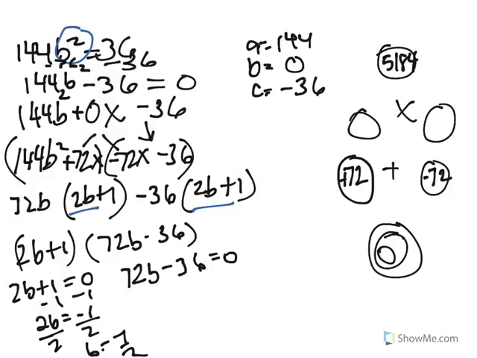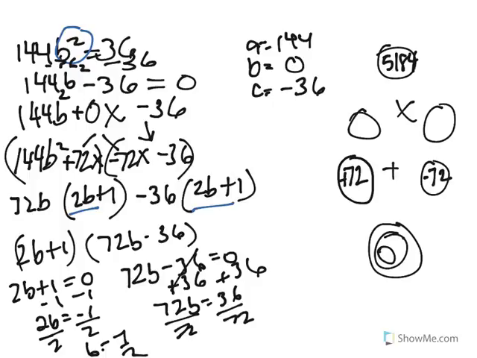And then on this side, 72b equals 36, divided by 72. 36 is half of 72, so I already know without having to reduce that this is going to be 1/2. So we have b equals negative 1/2 and b equals positive 1/2.